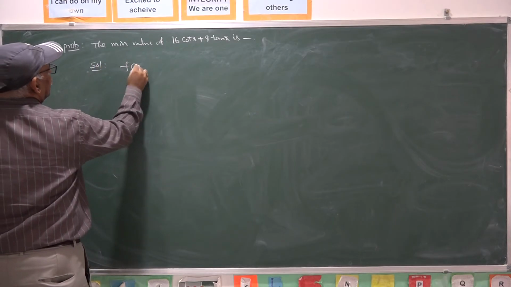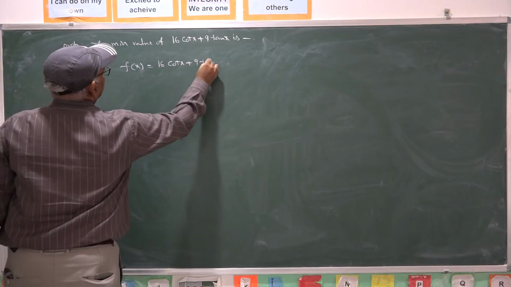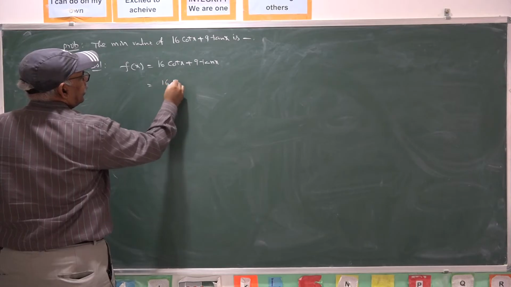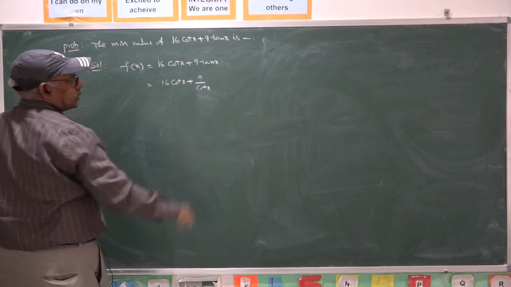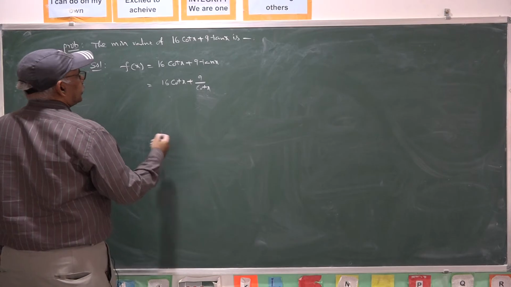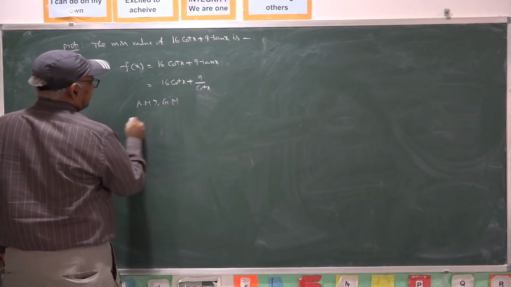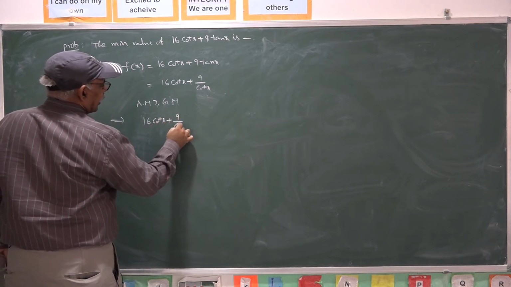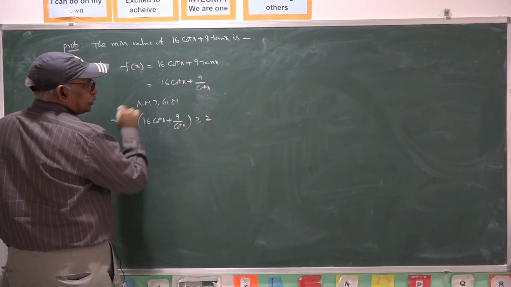It is clear, f(x) equal to 16 cot x plus 9 tan x, that is 16 cot x plus 9 by cot x. Here one is the reciprocal of the other, cot x and 1 by cot x. So, AM is greater than or equal to GM implies 16 cot x plus 9 by cot x is greater than or equal to twice the geometric mean.